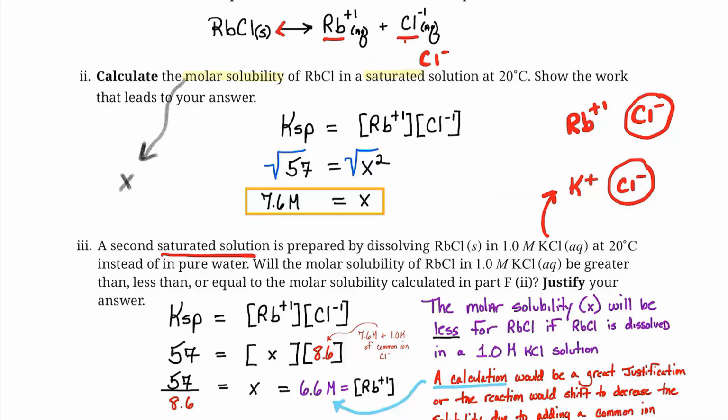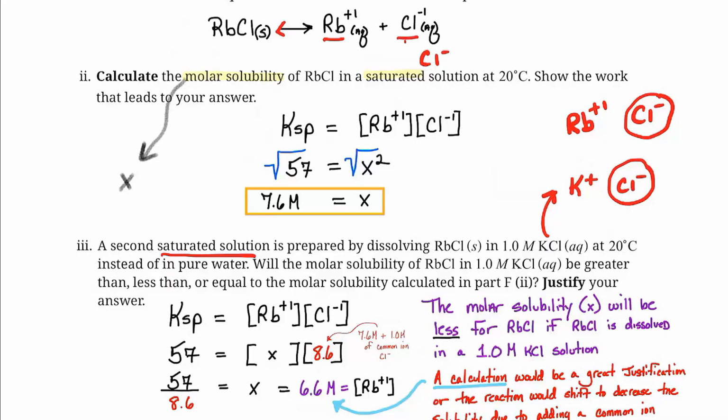So we can say that by having a common ion of chloride ions, as we try to dissolve the rubidium chloride, because of the larger than usual amount of chloride ions, we're going to stress the reaction at equilibrium, and the reaction is going to shift in a way to lower the solubility of rubidium chloride.